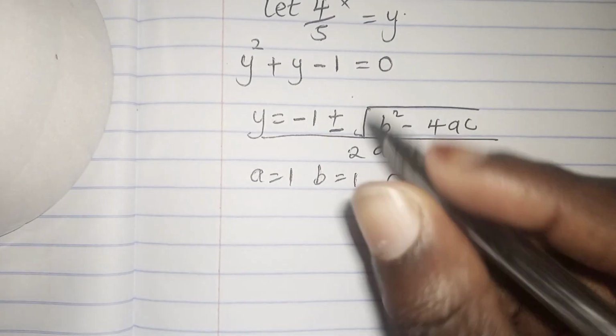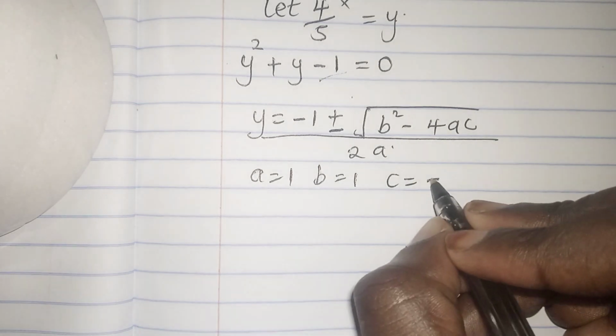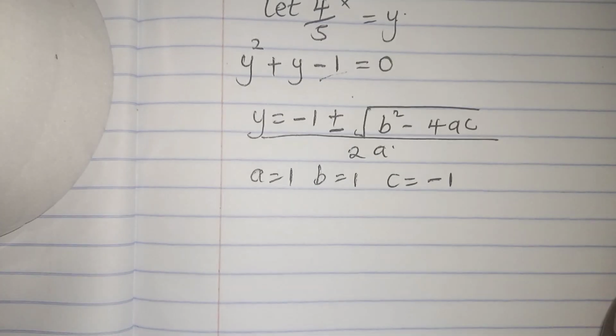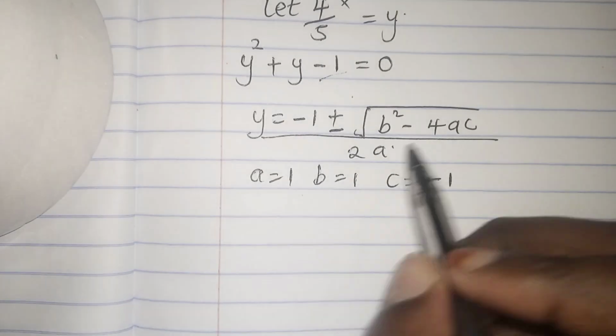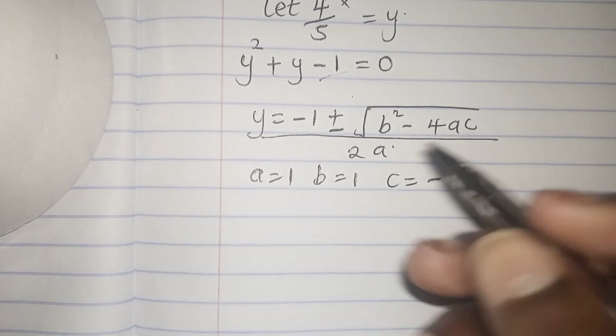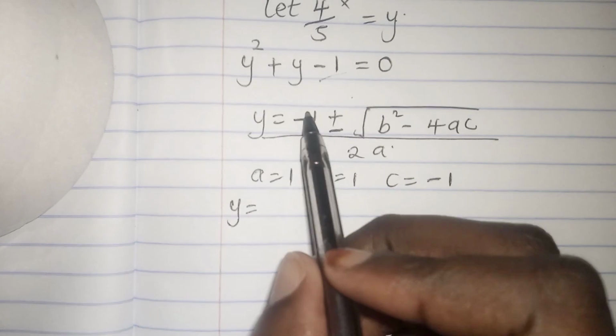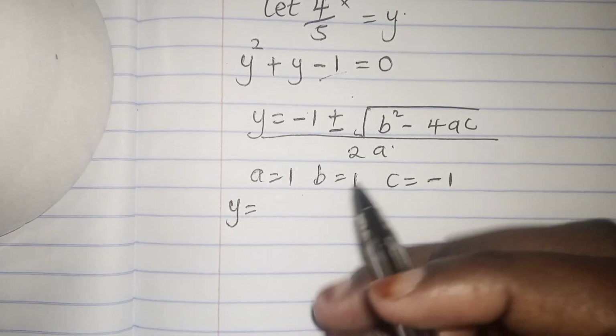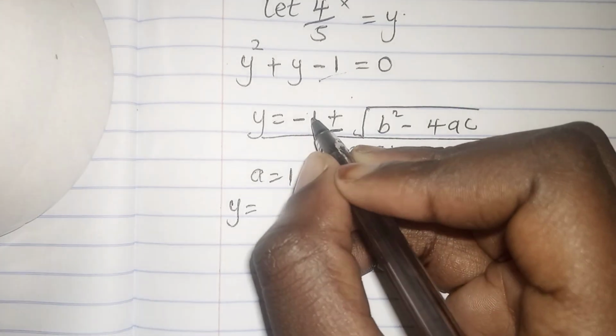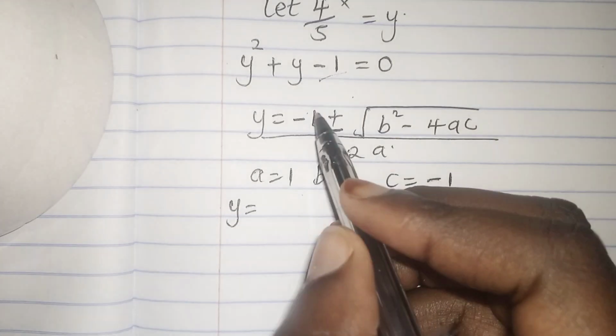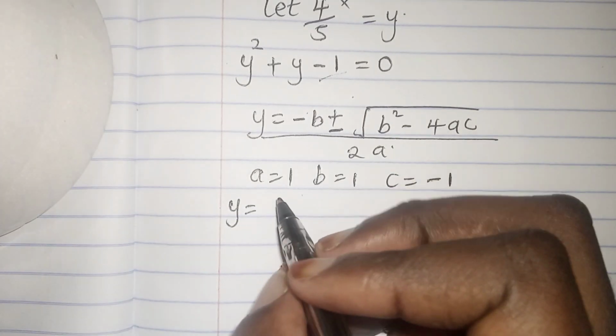And our c here is this constant, which is -1, right? So our next step is to substitute these figures in our formula.